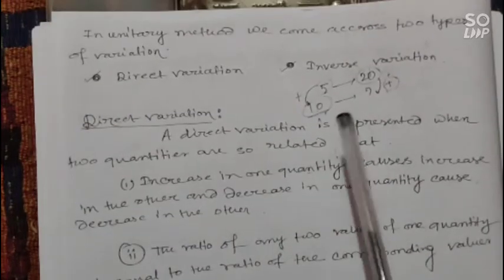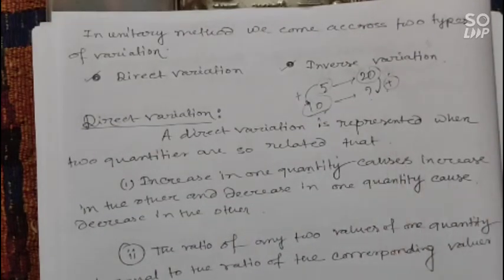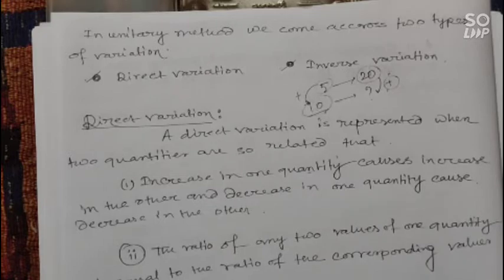So in this example, the ratio of the quantity of pencils is equal to the ratio of the cost of pencils. Okay, so this is called direct variation.